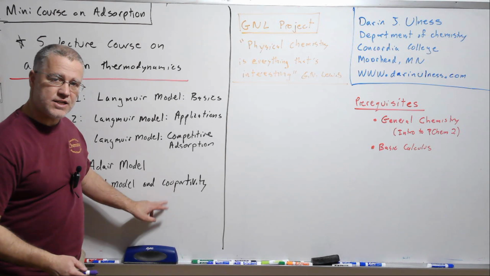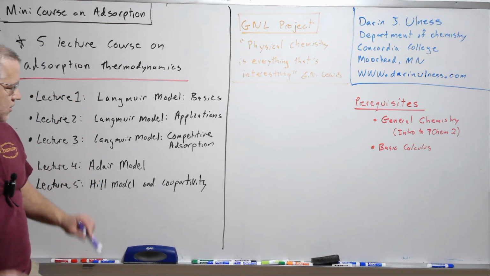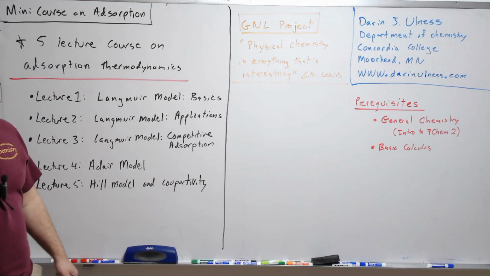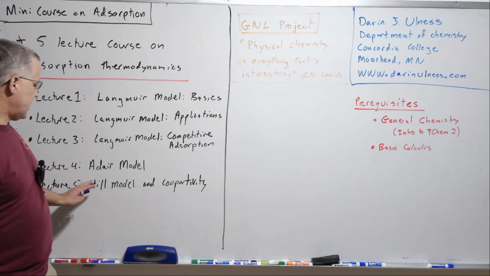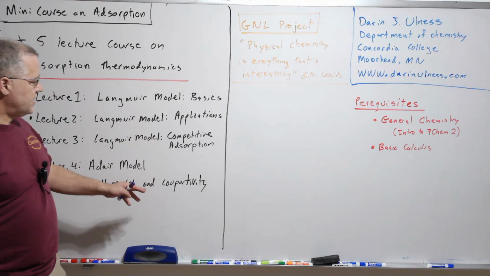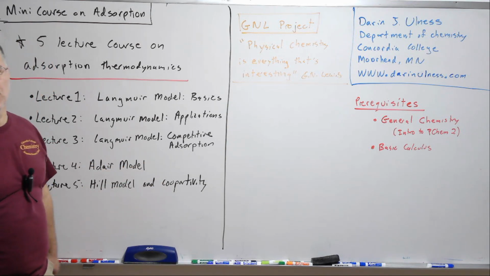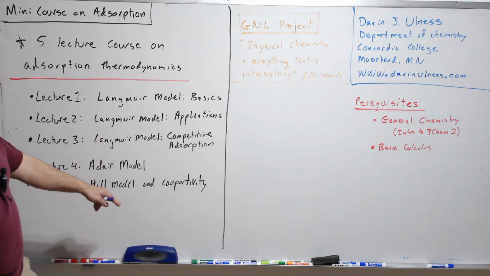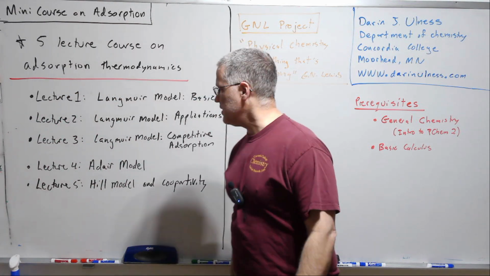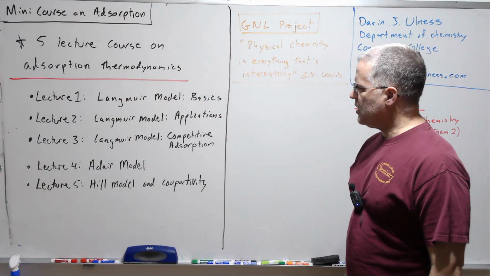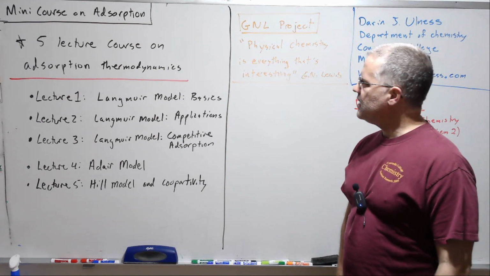In this lecture, we'll also talk about this cooperativity function that is an important aspect of these ideas, and we'll be able to tie back through to the Langmuir model and to a very simple Adair model there. All right, so this is the course.